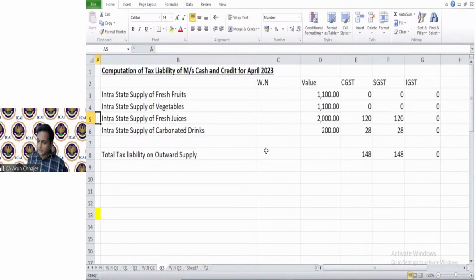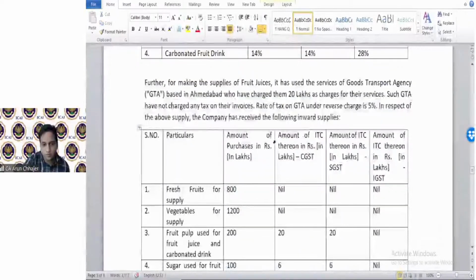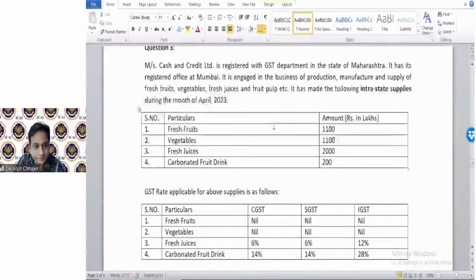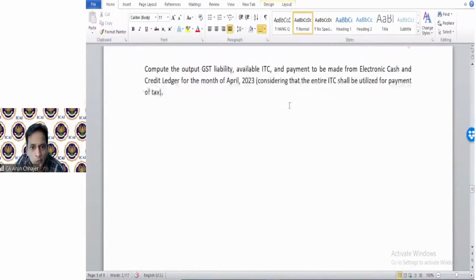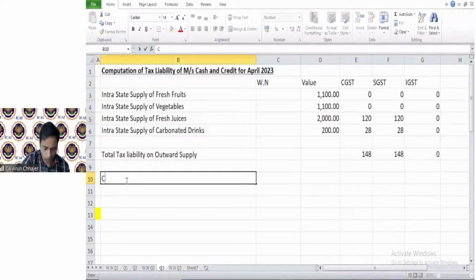Now the most important part is the calculation of that particular ITC. So, computation of ITC available.